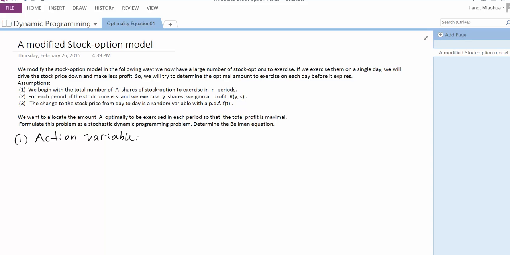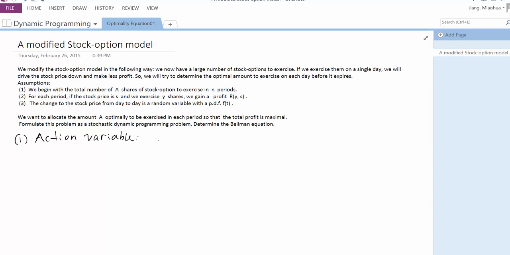And in a problem, it's usually easy to identify. If we read this problem carefully, the last sentence says that we try to allocate the total amount A optimally to be exercised in each period so that the total profit is maximum.